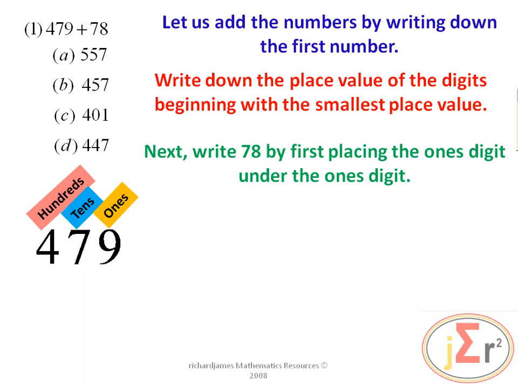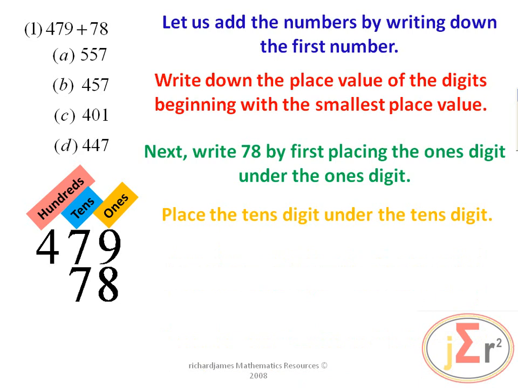So in 78, what is the ones digit, Jerry? 8. Okay, so we put that down first. And where do we put the 7? Under the 10. Right, so the 7 will be included in the tens column. Place the tens digit under the tens digit. That means we are placing the 7, which is the tens digit, in the tens column.